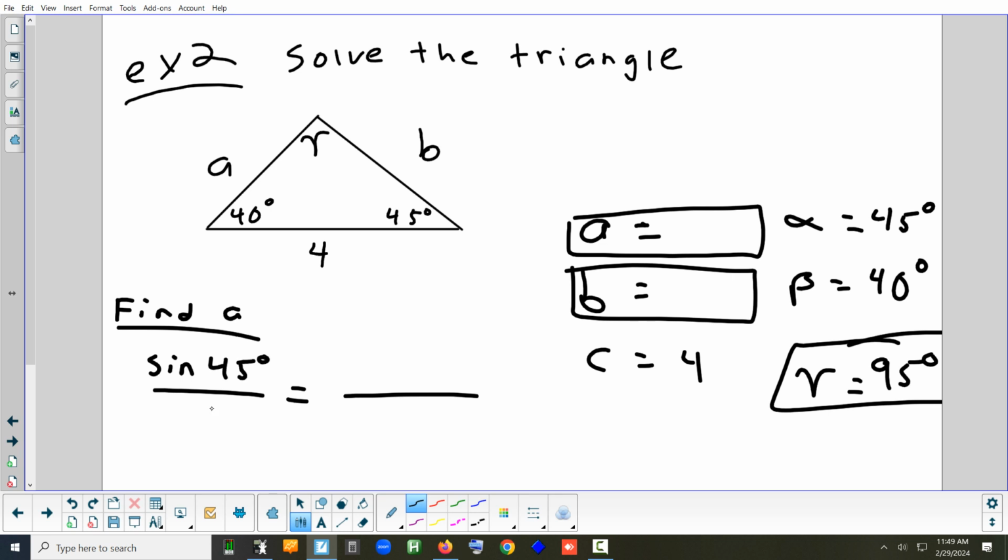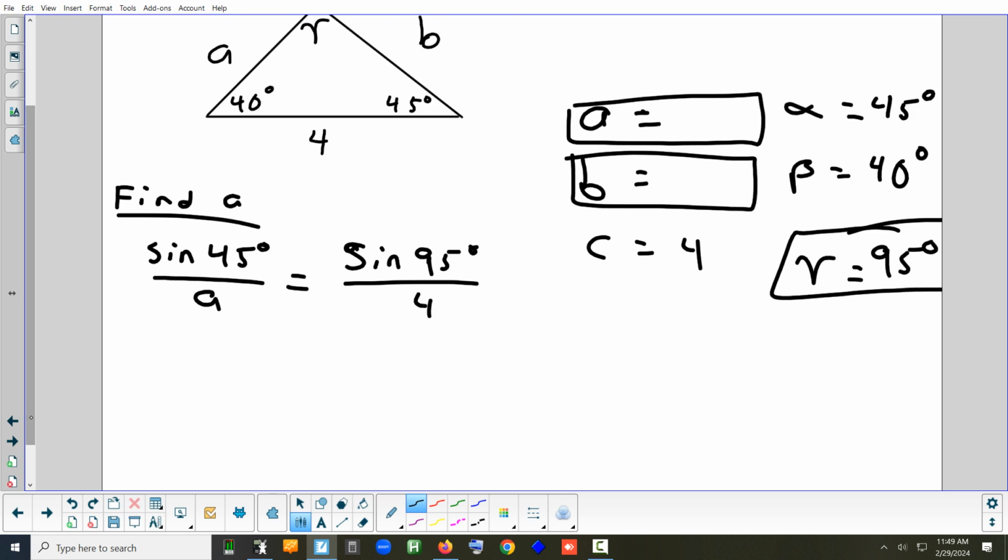Yep, over A. Perfect. Can somebody tell me about the other side? Sine of 95 degrees over 4. And how are we going to solve that? Cross multiply. Can anybody tell me, not the decimal, but just tell me what times what divided by what?